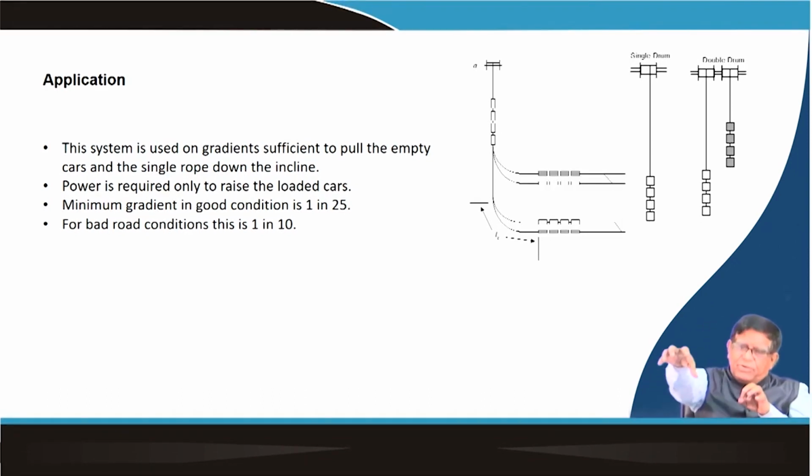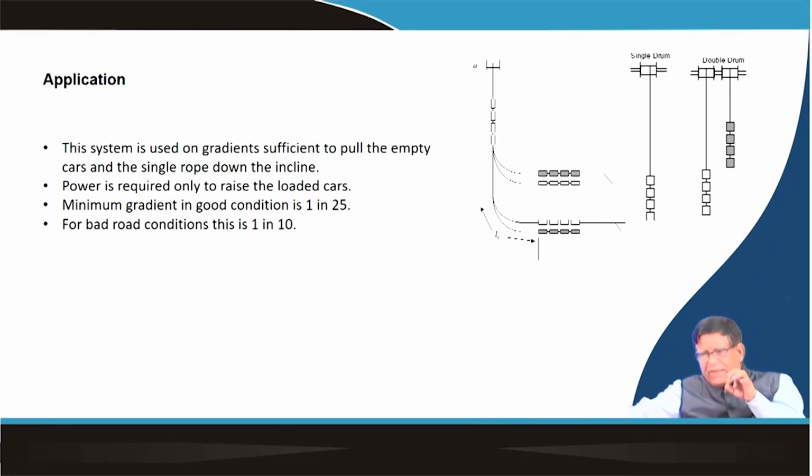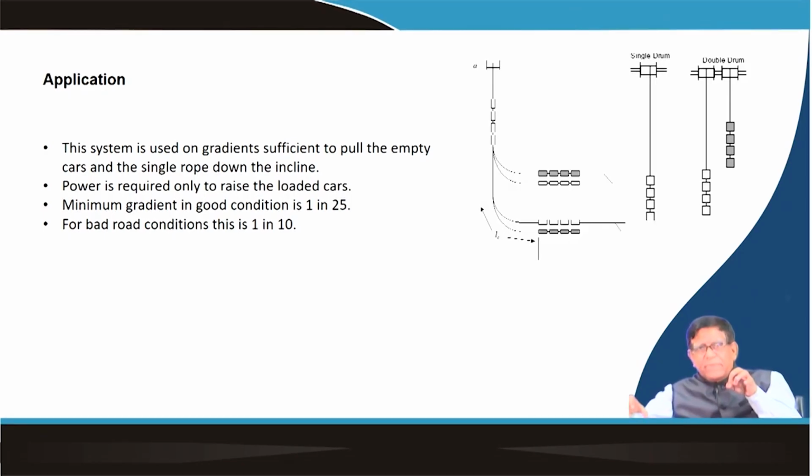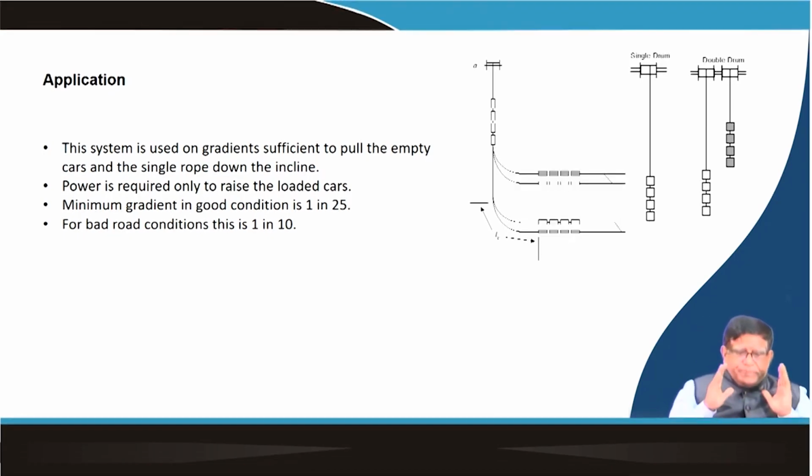You may have the haulage drum somewhere over there, it is coming from there, and at a particular point it will be disconnected from the rope and brought towards that. So, there will be a level side up to the level point, it will be brought by the incline through this rope haulage.